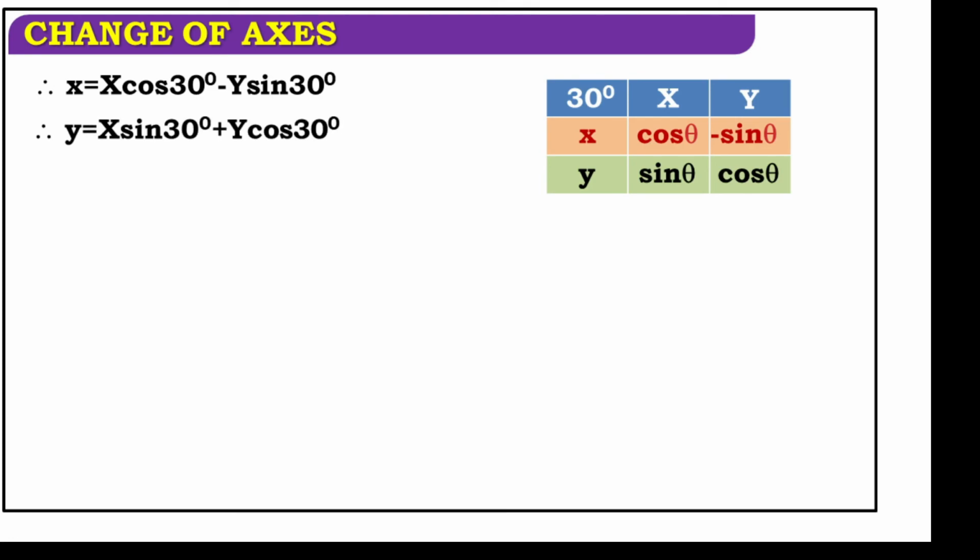And y equals X sin 30 plus Y cos 30. So x equals root 3 X minus Y by 2 is the value of x, and y is X sin 30 is 1 by 2 plus cos 30 is root 3 by 2, so X plus root 3 Y by 2. These are the values of x and y we have to write in the given equation.